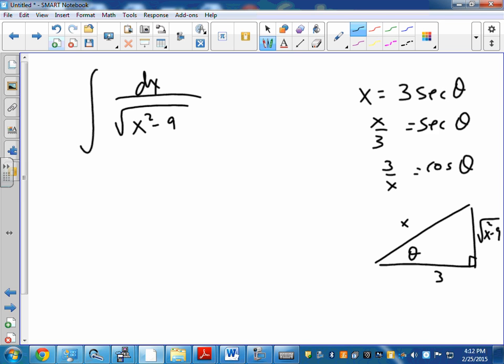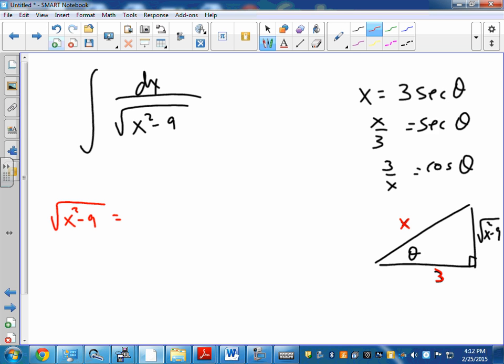Okay, let's see. What do we need? We need to know what the radical is. So looking at the picture, we need to replace this radical with something. Okay, so in this picture, the cosine would be 3 over x.